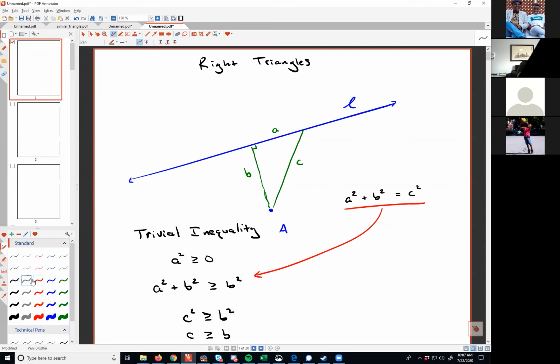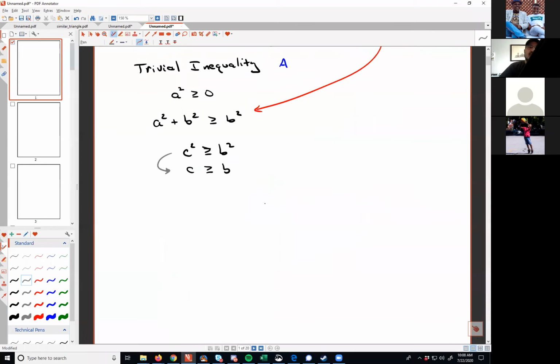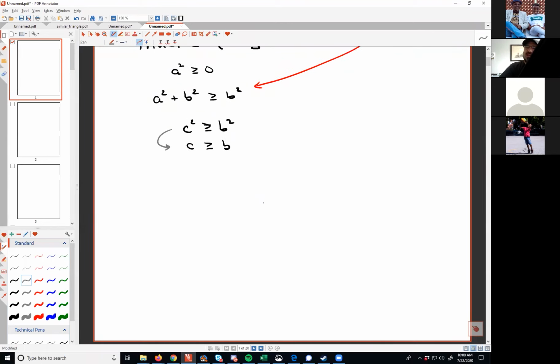Now, this last part, we've got to make sure we know what we're doing. We're only talking about positive numbers. And with positive numbers, the square root function is monotonically increasing. Do you know what I mean when I say that?